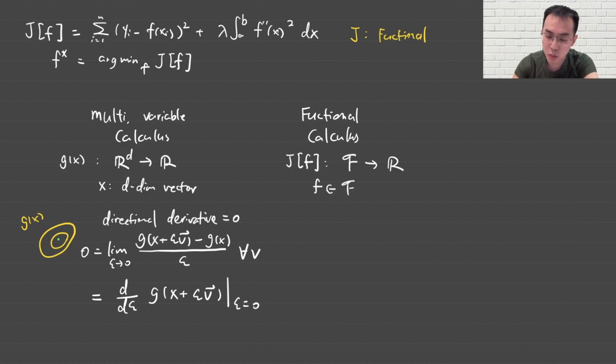That's just another way to write the directional derivative. In functional calculus, we want to draw a direct parallel to this, but I'm not able to draw any geometrical picture here. What we want is that the functional derivative equals 0.